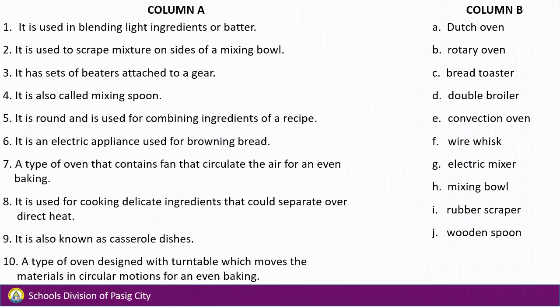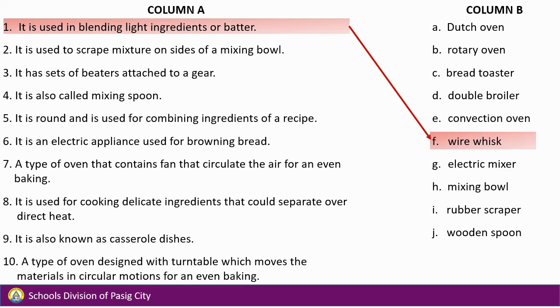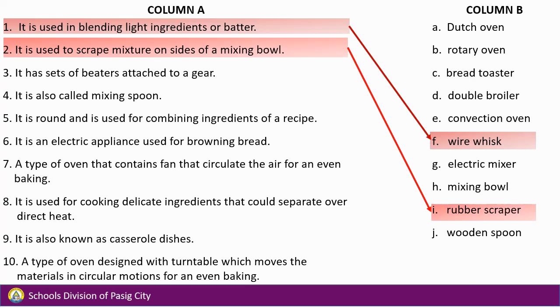Number 1. It is used in blending light ingredients or butter. F. Wire whisk. Number 2. It is used to scrape mixture on sides of a mixing bowl. I. Rubber scraper. Number 3. It has sets of beaters attached to a gear.